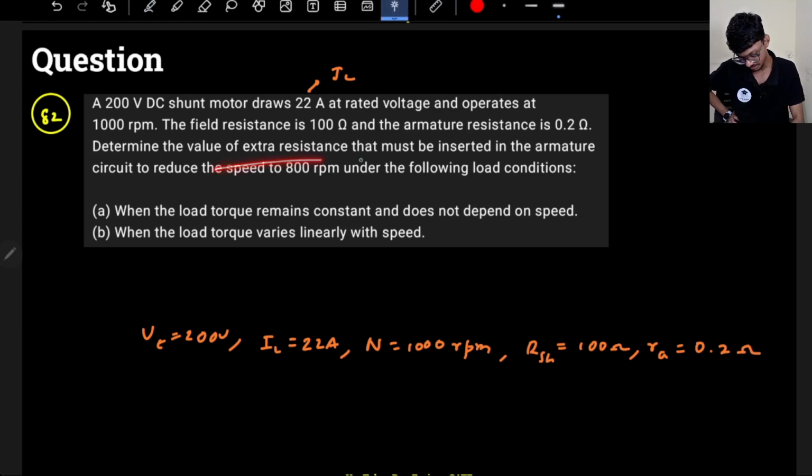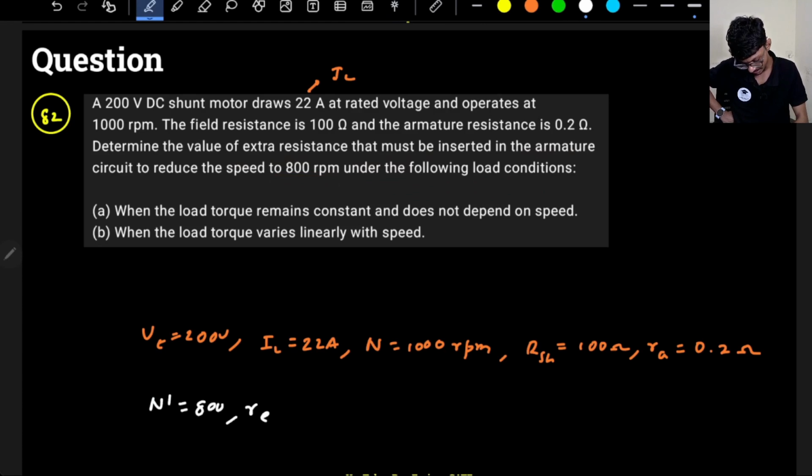Determine the value of extra resistance that must be inserted in the armature circuit to reduce the speed to 800 rpm under the following conditions. So determine the extra resistance so that N dash equals 800 rpm. What will be the external resistance value?